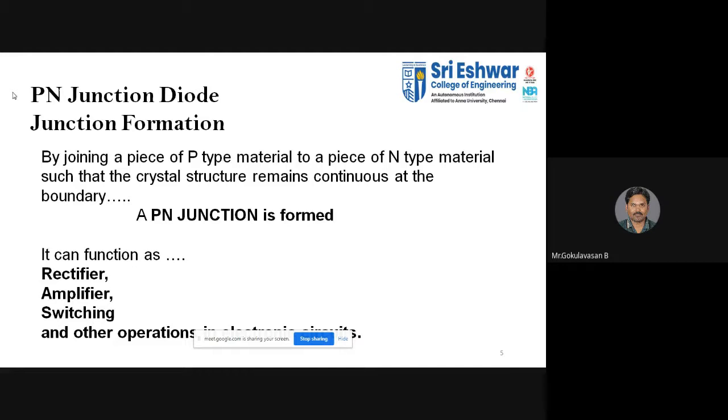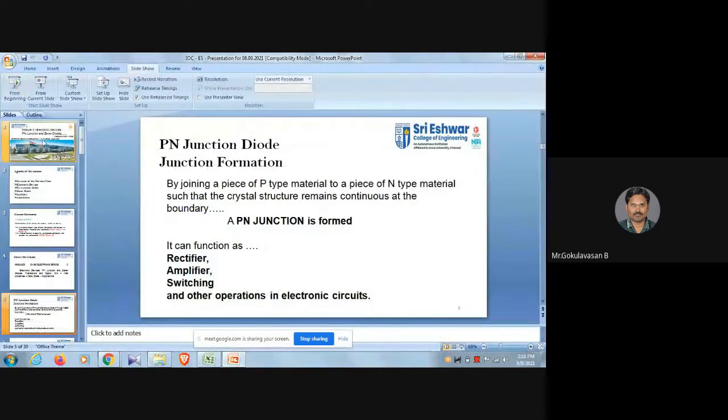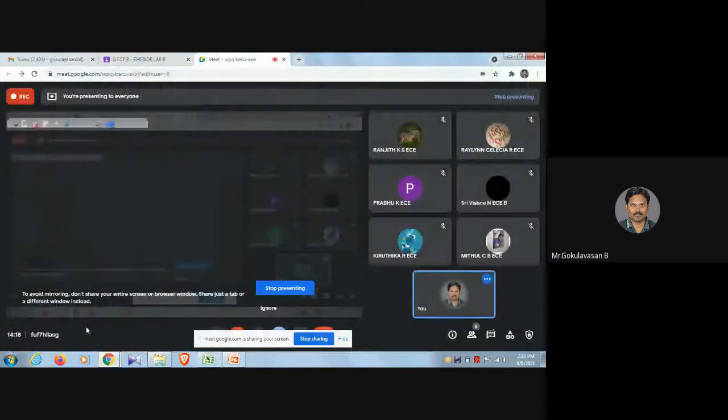Can anyone answer or give some examples of p-type material and n-type material? Can anyone volunteer? P-type material example, at least one or two examples, and in the same way, n-type material, one or two examples. Can anyone tell the answer for this?